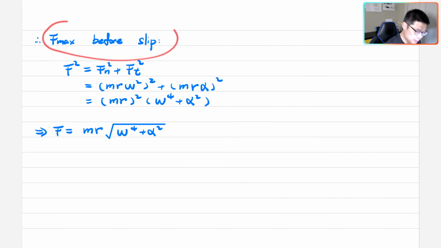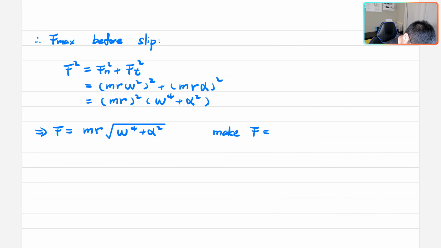Because we want the maximum possible force F, we'll make our force equal to F max.